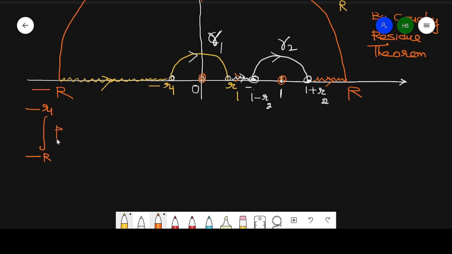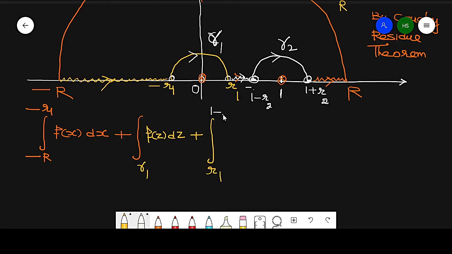So I write it as the integral of f(x) dx, plus the integration over the second region, gamma 1, which is f(z) dz, plus the third, from r1 to 1 minus r2.